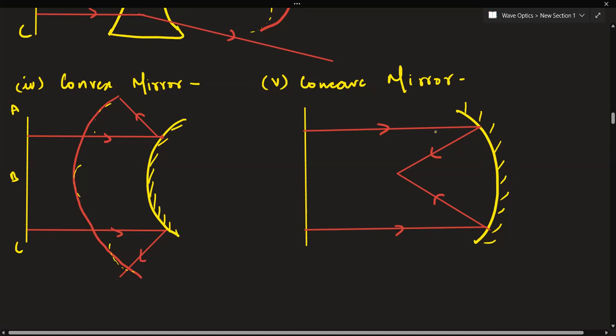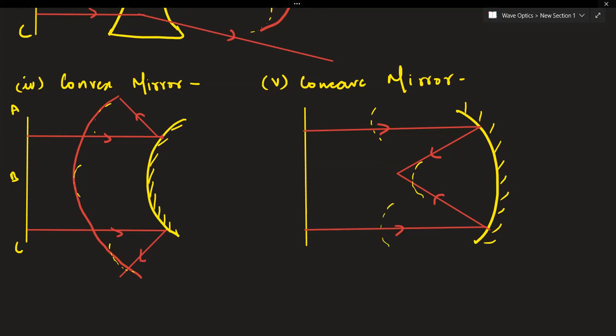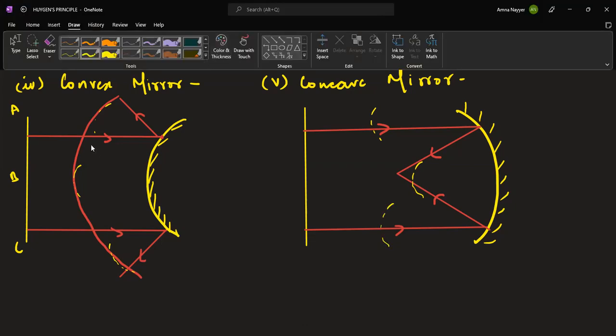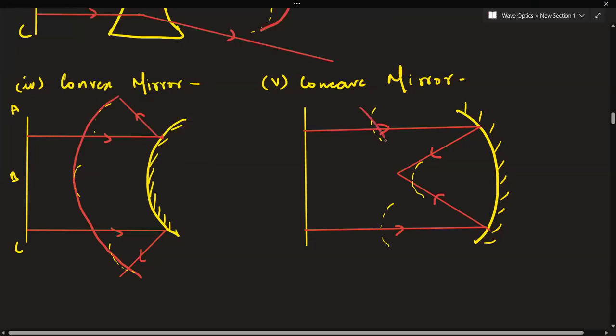So again, according to the speed of light and all the phenomena, since it is coming nearer, this will be further away. For this, it is away. This is far away from itself. So what will happen? This will be nearer to itself. And similarly, this will be similar to the upper portion. So this will be like this. So if I join all of them, I'll be getting somewhat spherical.